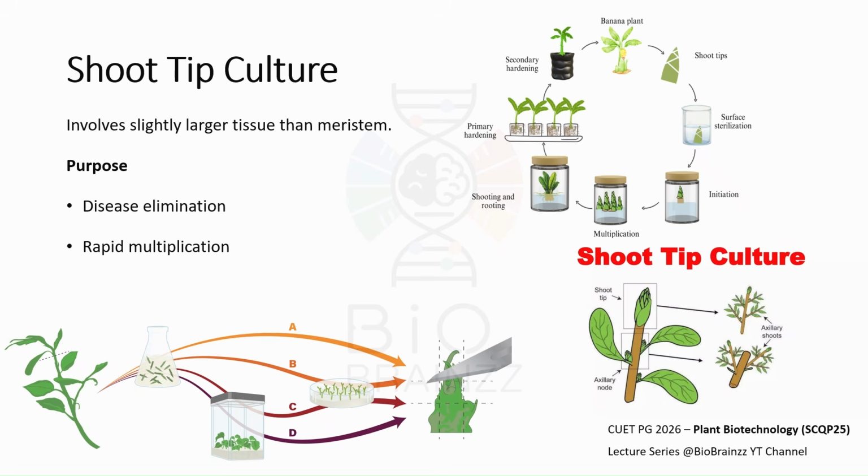Although the efficiency of virus elimination might be slightly lower, shoot tip culture is used both for disease elimination and for rapid multiplication of plants. In CUET-PG, if a question distinguishes between meristem culture and shoot tip culture, remember that the key difference lies in the size of the explant.